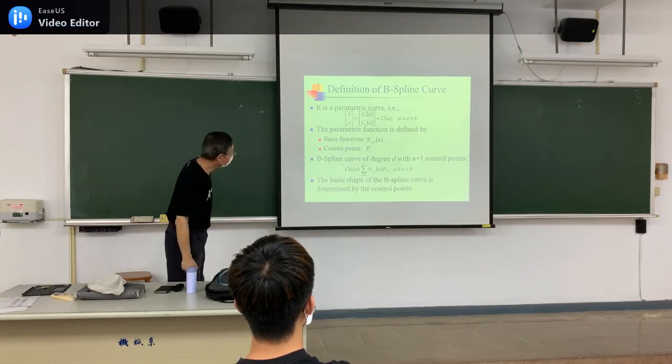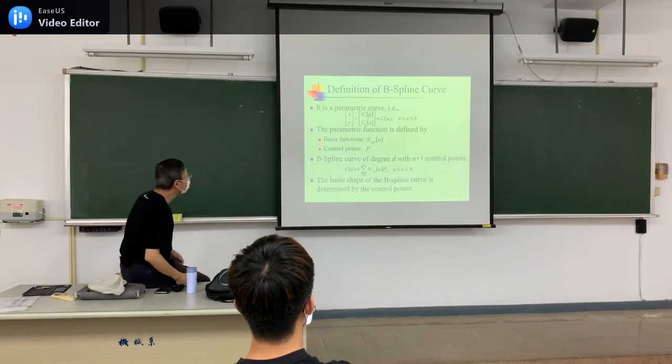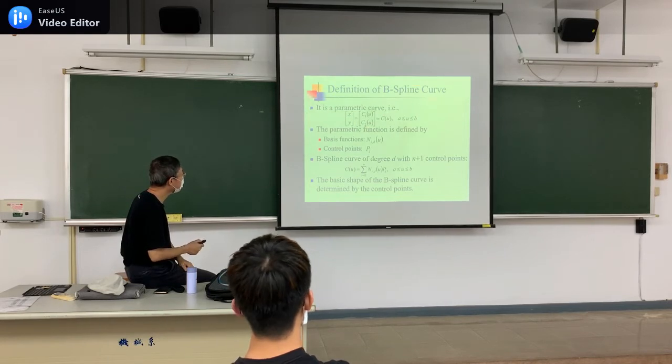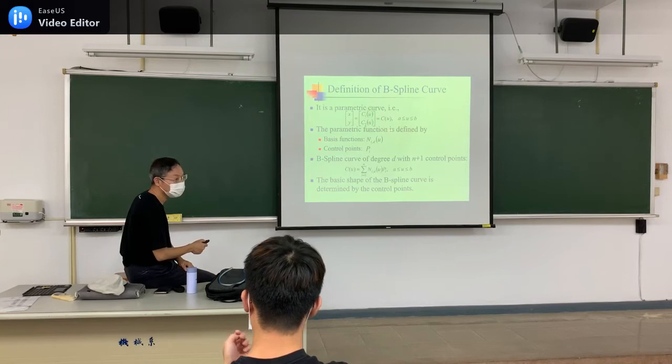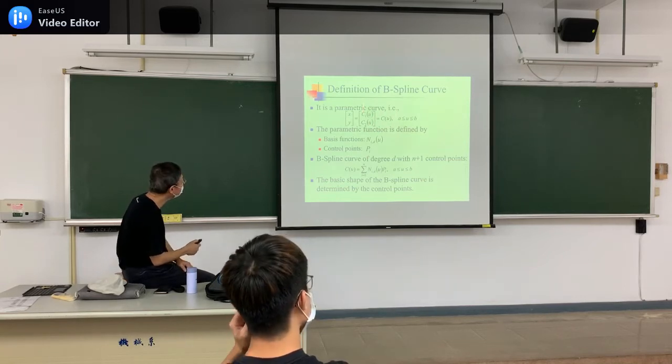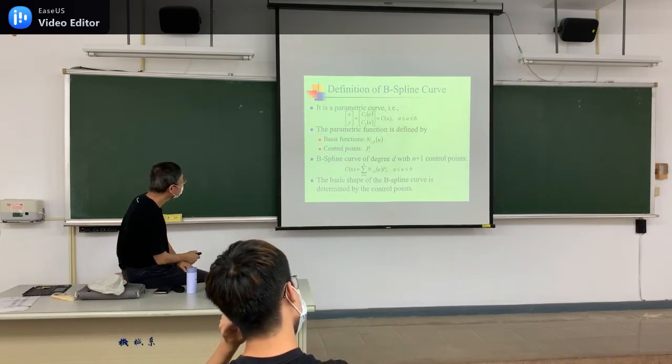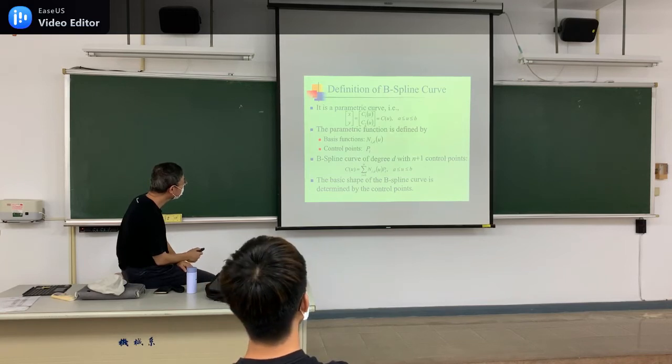So here's the formal definition of the B-spline curve. This B-spline curve is a geometric curve. So you have x of u, y of u. In general, we will call it the C function. Okay, and you have a basis function, as I said.